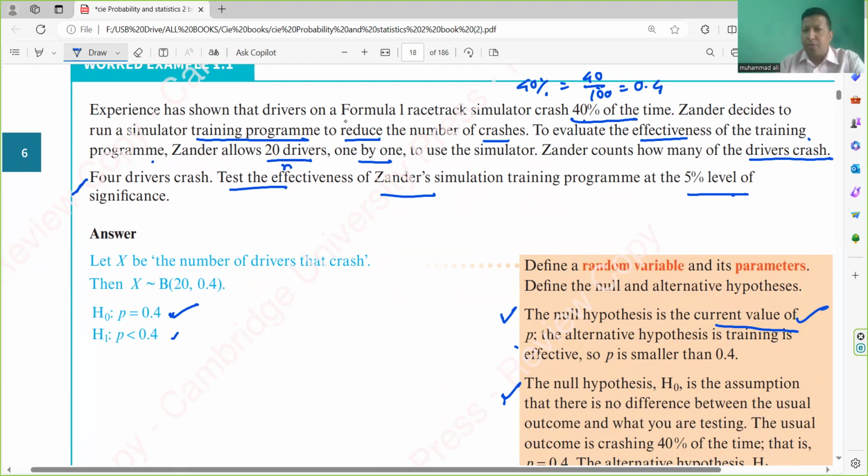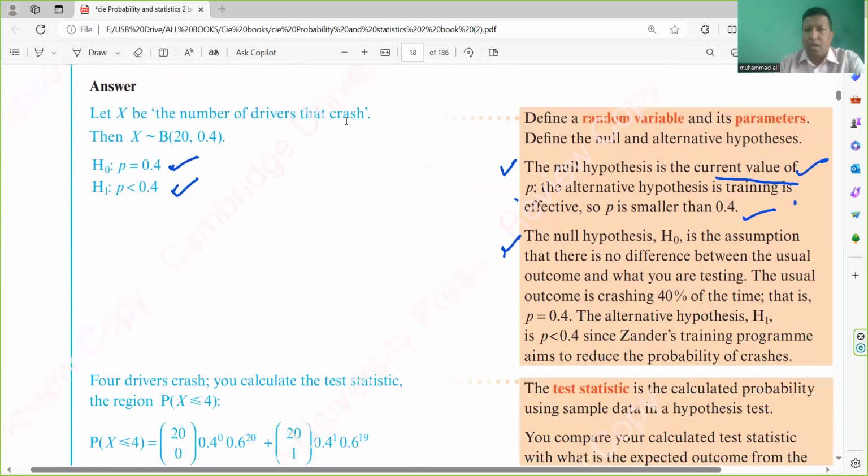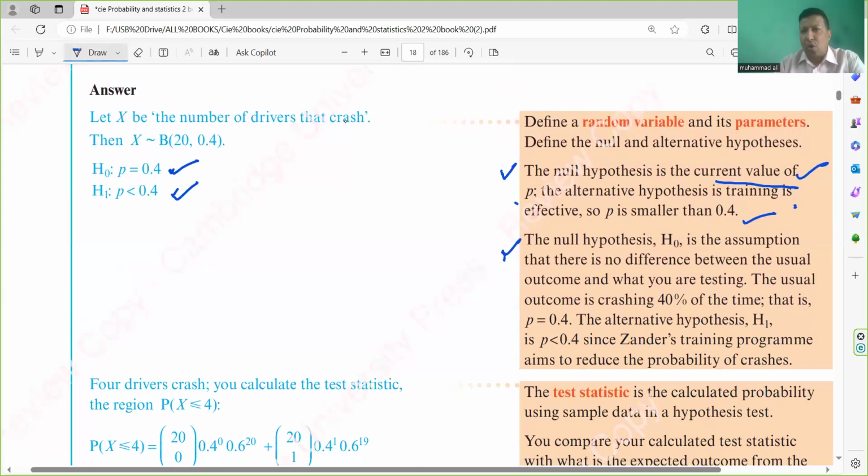The alternative hypothesis is that training is effective, so P is smaller than 0.4. If the training is effective, the probability of crash will be less. That's why the alternative hypothesis is P less than 0.4. The null hypothesis H0 is the assumption that there is no difference from the usual outcome.